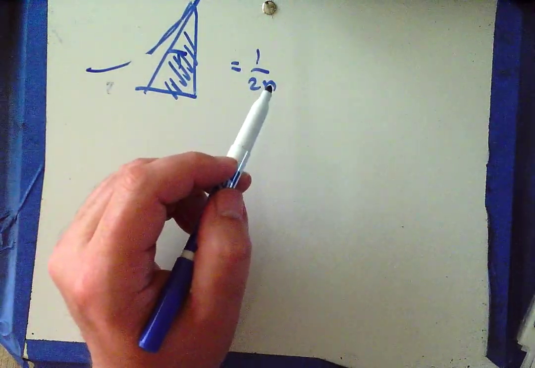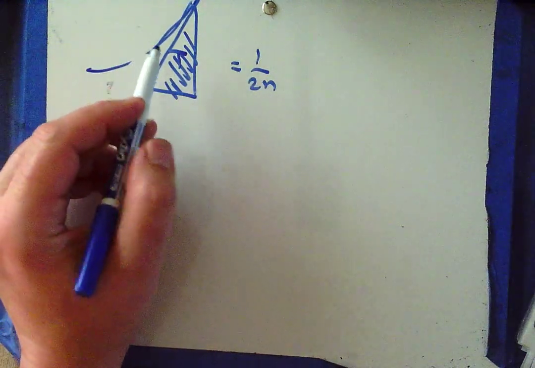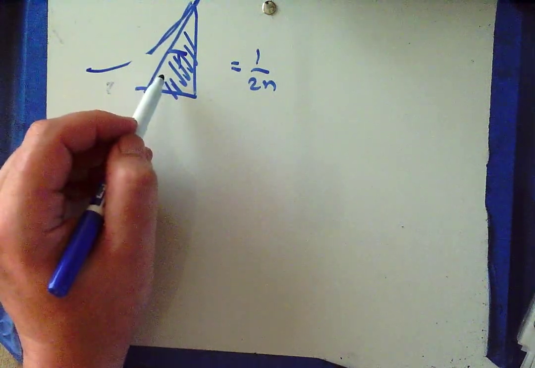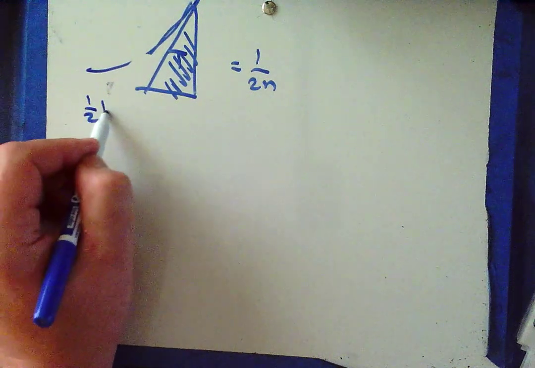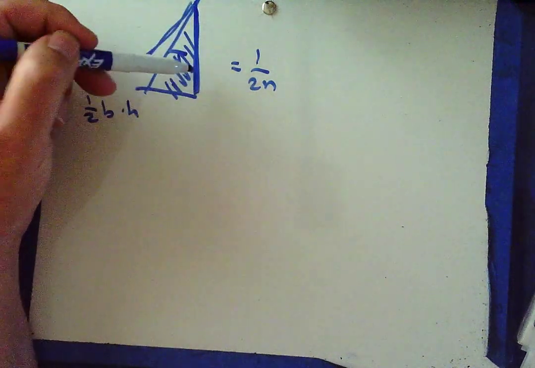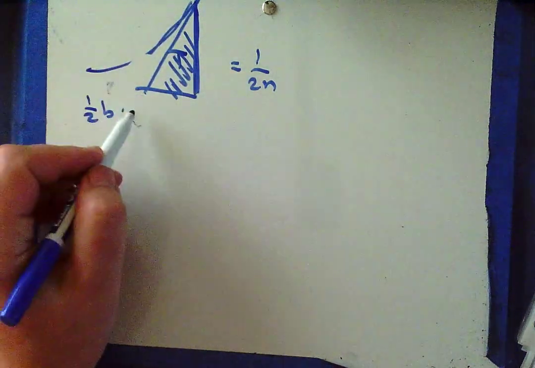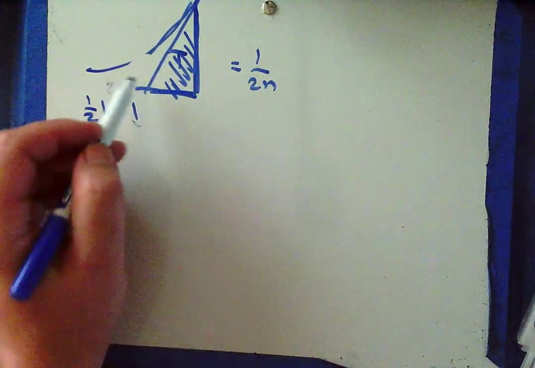All right, well, let's see what we need to do this. I kind of want to find this area by finding the area of this triangle. So I know that's 1/2 base times height. I know the height here is 1. Well, that's convenient. And so I just need to find out how long this base is.